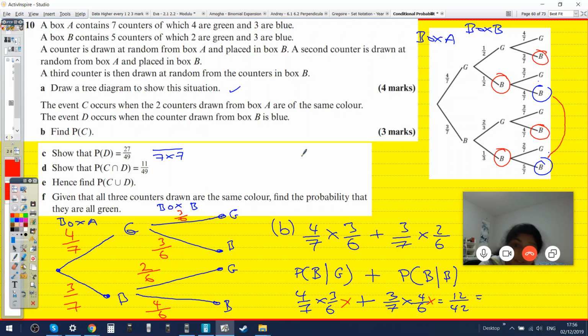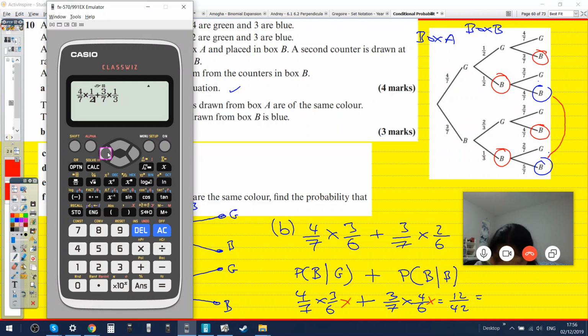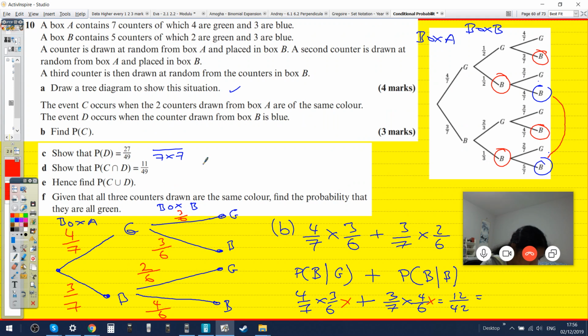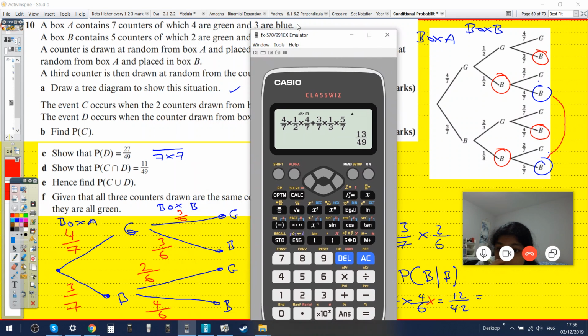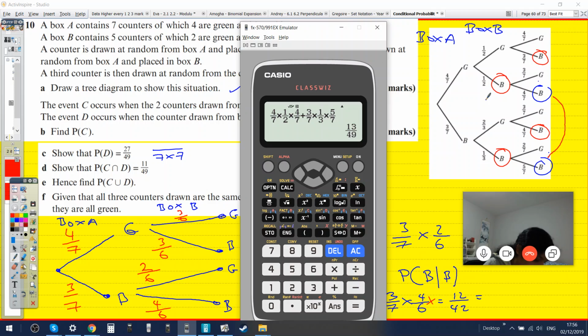Wait, I'm going to try it first. I got 11 over 49. Okay.